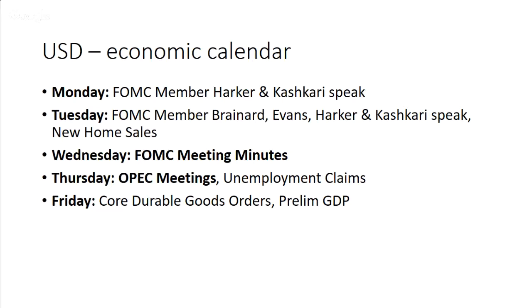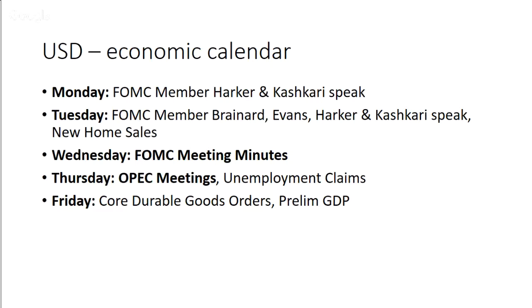On Thursday, there will be an event which will affect the whole currency market, the meeting of the Organization of Petroleum Exporting Countries. And from the US, we'll have unemployment claims. On Friday, also some releases of US statistical data, core durable goods orders, and preliminary GDP.